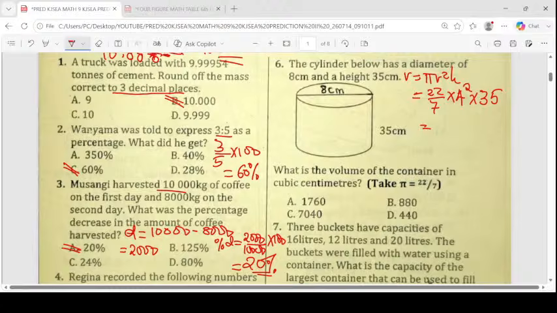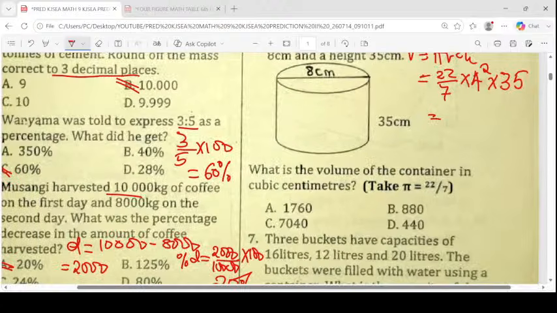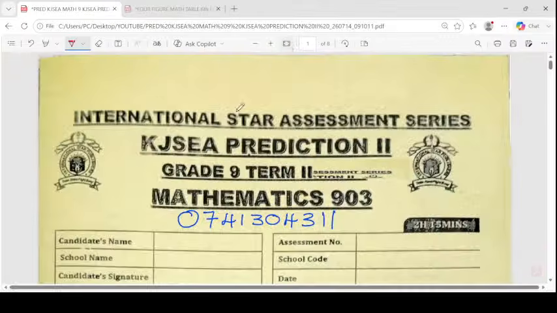This is going to give us, when you look at it well, 22/7 multiplied by 4 squared by 35 gives you 1,760. 1,760 cubic centimeters, making choice A for apple the most correct answer.